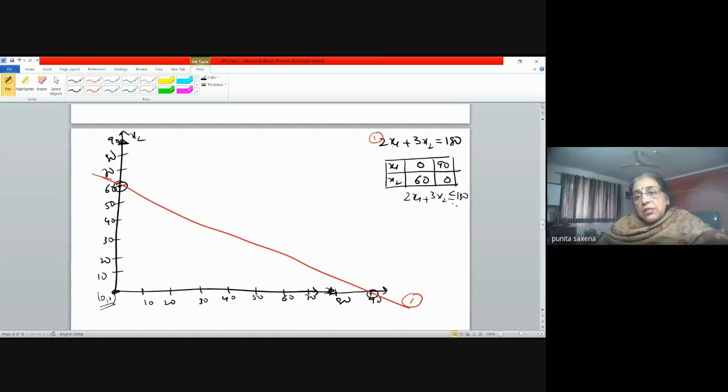If the origin satisfies your inequality, that means origin lies in your required region. Otherwise, the region is opposite to it. Basically, ये जो हमारा first constraint था, इस straight line ने हमारे x1, x2 plane को 2 halves में divide कर दिया, right?